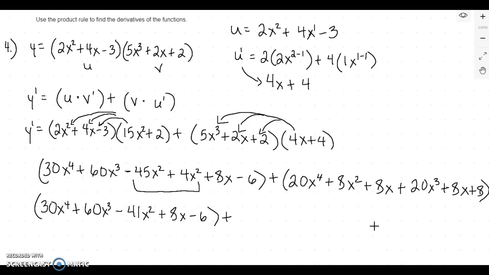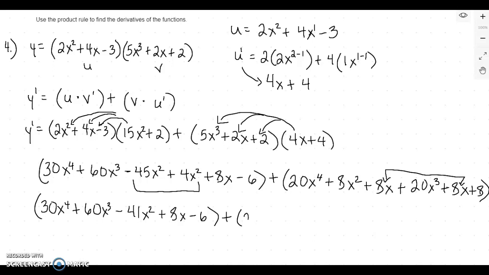Plus, let's take a look at the other side, see what we can combine and so forth. Let's see, I have to the 4th power here, to the 3rd power here. It's the 2nd degree, and here we have to the 1st degree, 8x and 8x. So it looks like we only have 2 pieces here that we can combine.